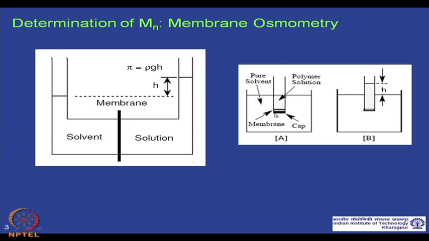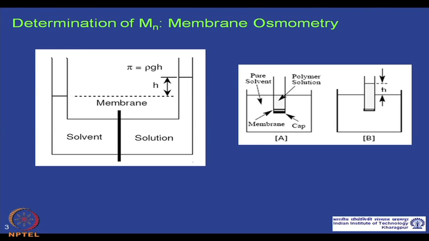Similarly, you can design another equipment where you have a polymer solution in this capillary, separated by a semi-permeable membrane which is only permeable to the solvent molecules, and due to osmosis the pressure of the polymer solution side goes up, and this excess pressure is called the osmotic pressure.